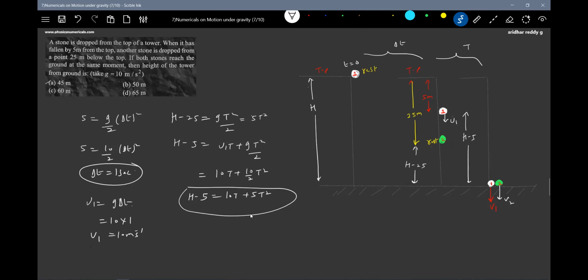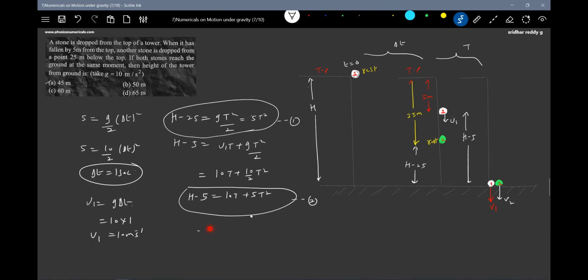On the other side, we should take help of U1 also. U1, I substitute 10t. h minus 25 equals half g t square, that is 5t square. I'll replace this 5t square here. Let me give it number 1.